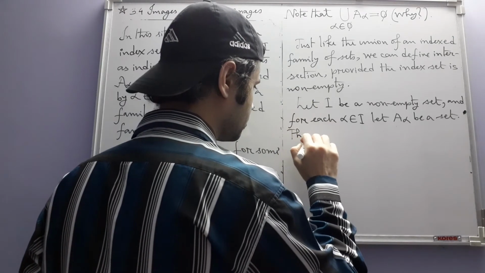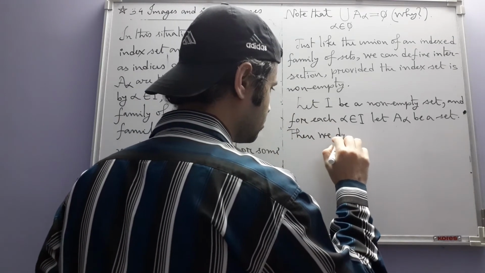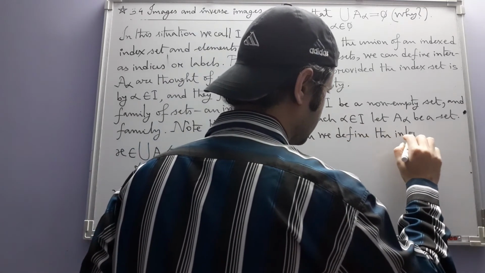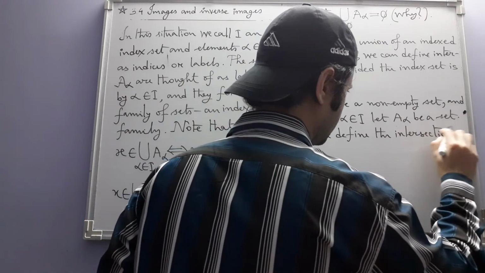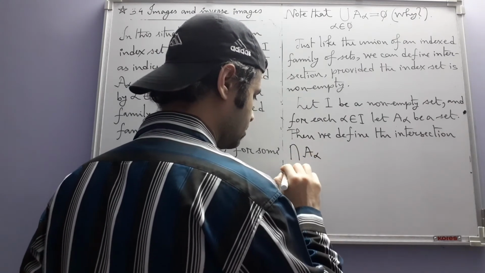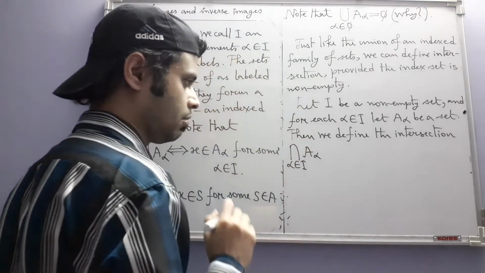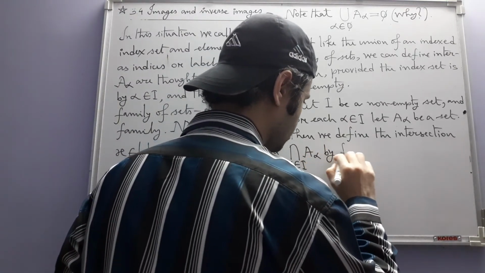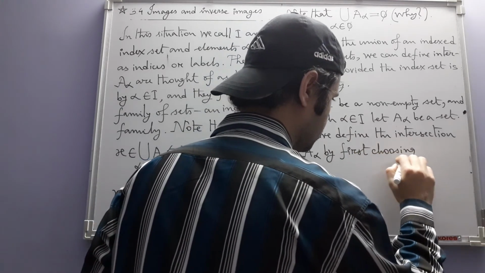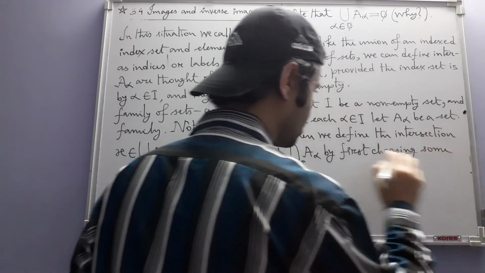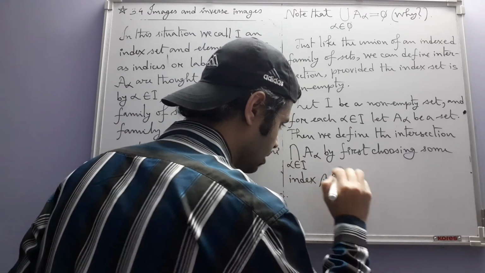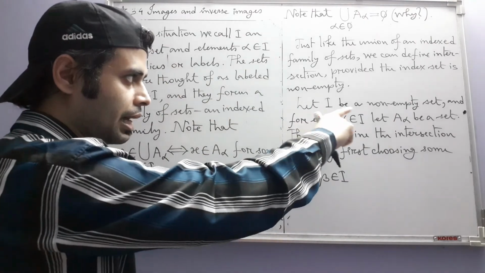Okay, be a set. Then we define the intersection of A alpha, alpha belonging to I, by first choosing some index beta belonging to I, and this we can do because now I is non-empty.